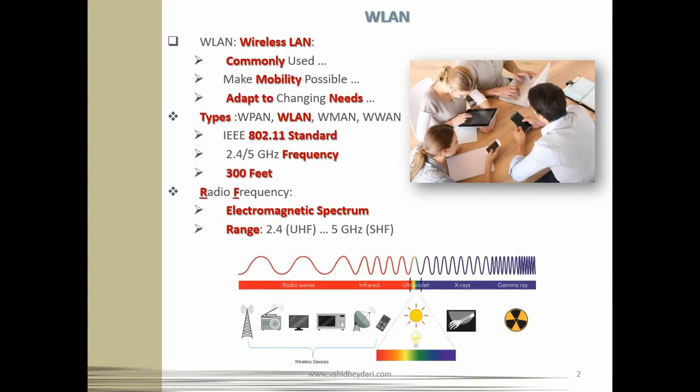Let's start with wireless and see what wireless LAN means. A wireless LAN or WLAN is a type of wireless network that is commonly used in homes, in offices, and campus environments. You are very much familiar with your home router that provides internet accessibility for you.